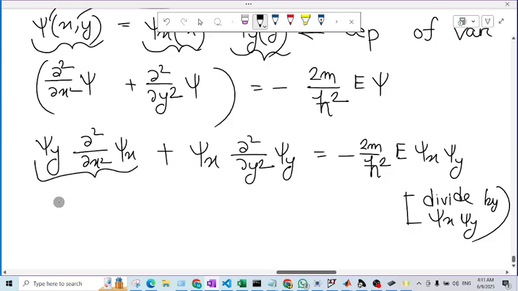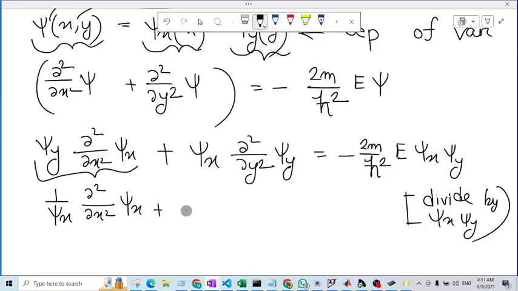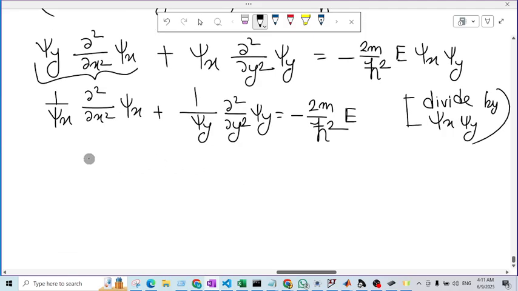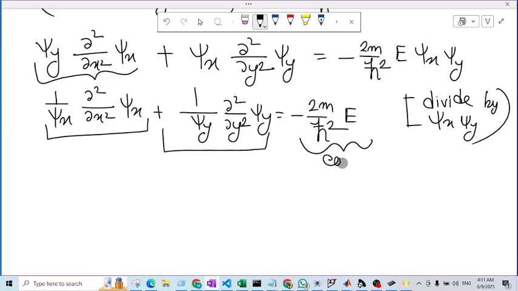If I divide the first term, I will get 1 by psi x, del squared by del x squared of psi x, and then here 1 by psi y, del squared by del y squared of psi y, is equal to minus 2m divided by h bar squared, E. So I have two terms here, and on the right hand side I have a constant.